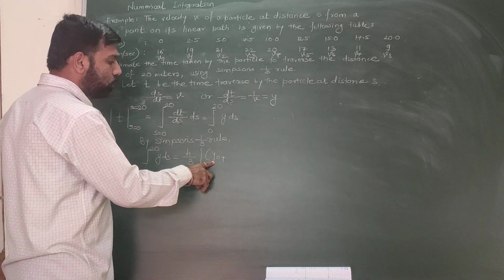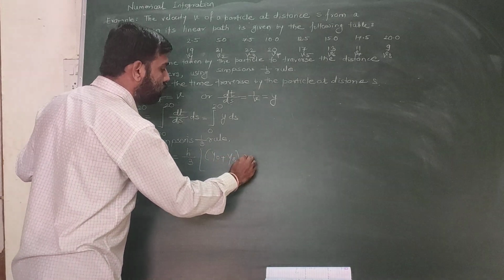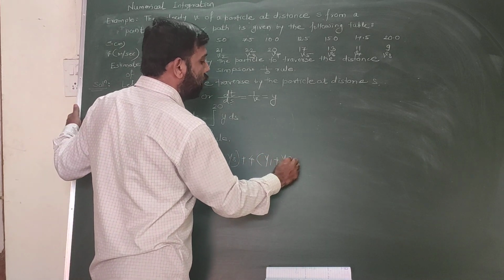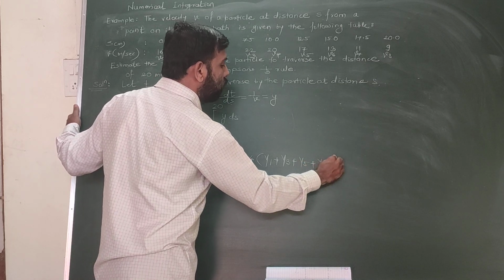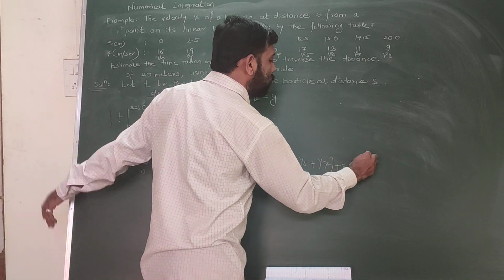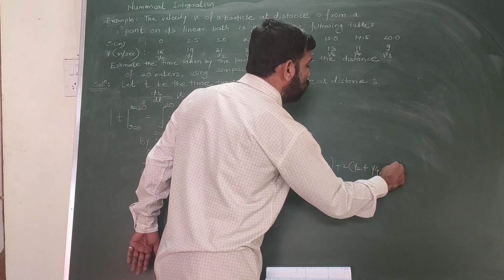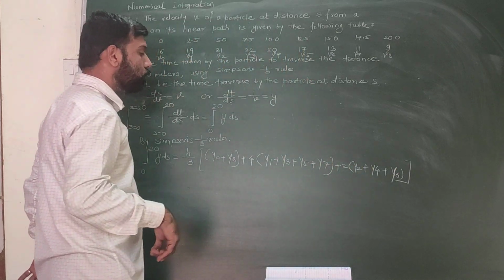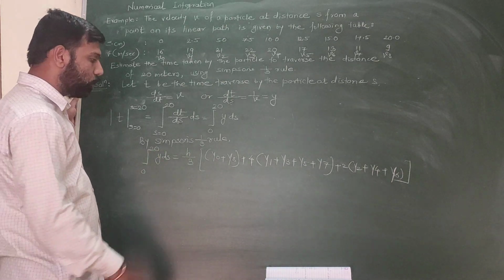Now y0 to y8 plus 4 times y1, y3, y5, y7 plus twice y2, y4, y6. So this becomes Simpson's 1/3 rule.